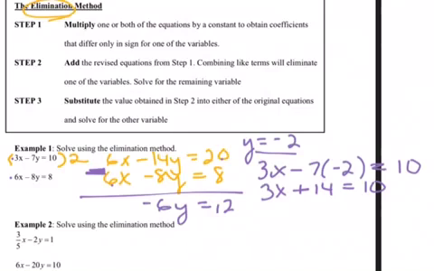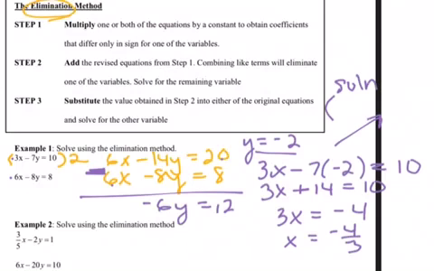Subtract 14 from both sides. 10 minus 14 is negative 4, and then I'm going to divide by 3. So in this case, my solution, this means the graph crosses at one place, is x equals negative 4/3, comma, negative 2. Be careful that you write the ordered pair as x, comma, y.